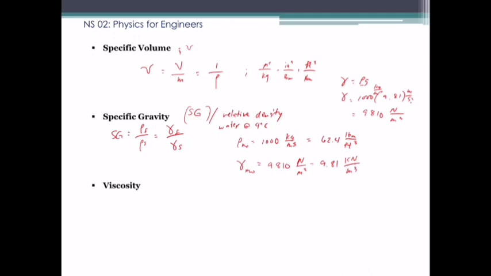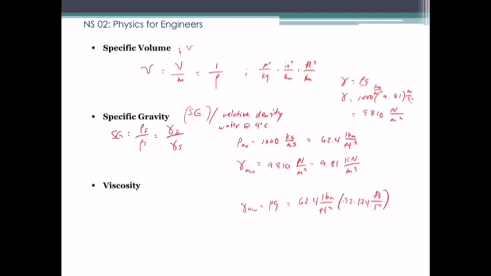Now, for the English unit, the gamma of water is again rho g. So rho is 62.4 pound mass per cubic feet, and the gravitational acceleration is 32.174 feet per second squared.